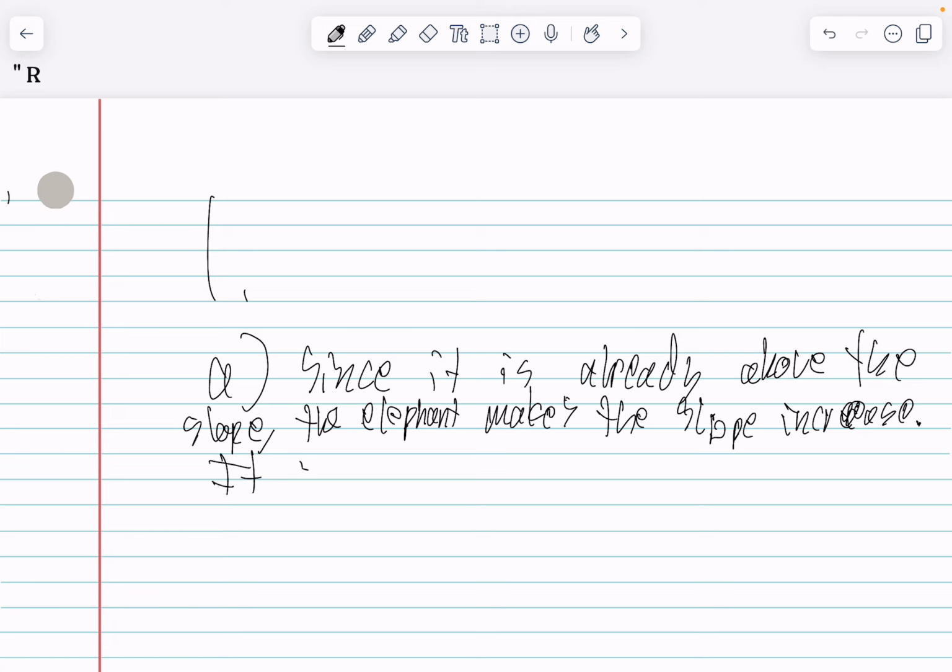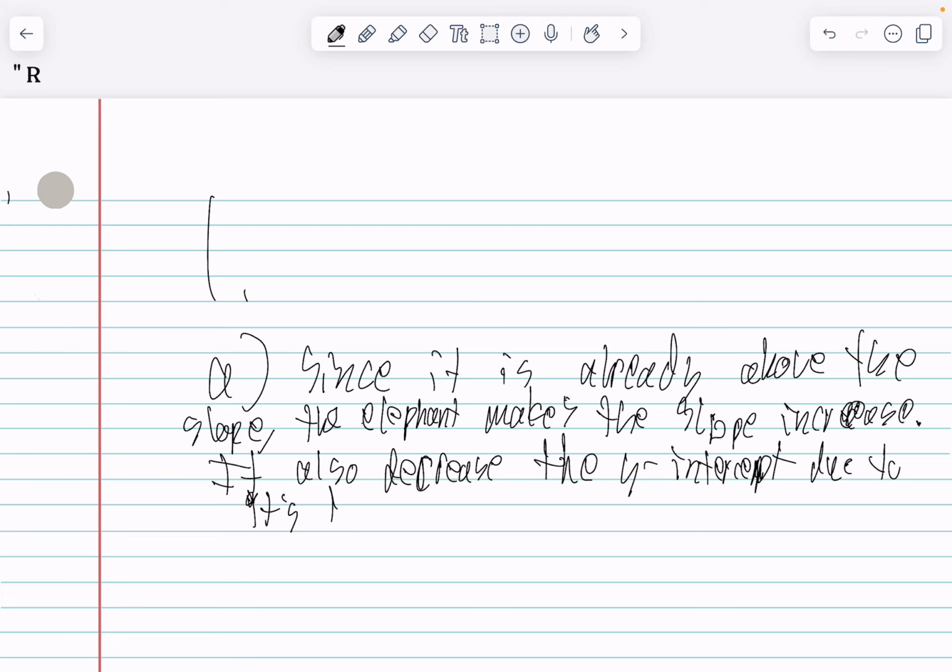It also decreases the y-intercept due to its body weight.